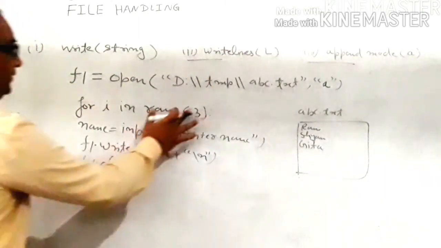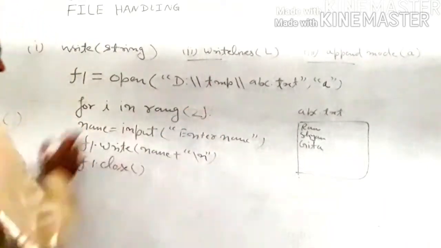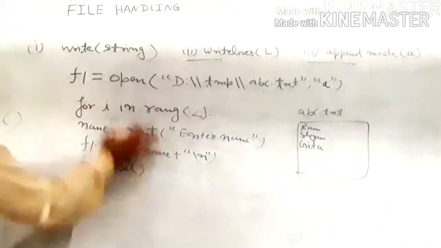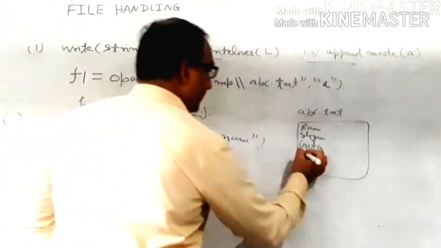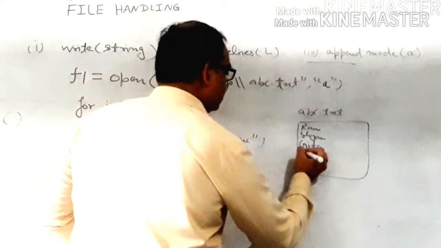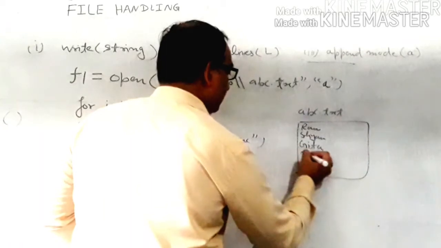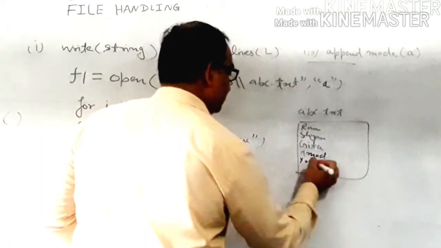We can execute the same loop again, this time for 2 names. After execution of this program, we can add the two names like Amod and Yogesh.